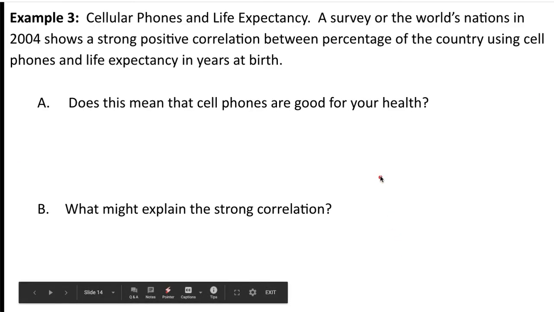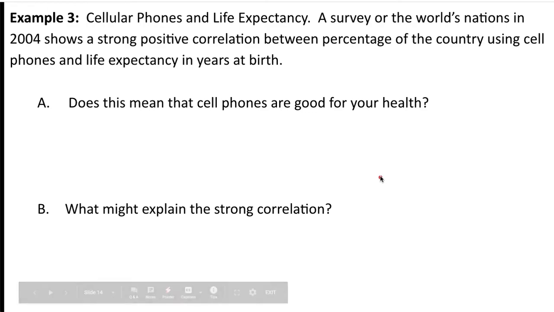So here's a sample about cellular phones and life expectancy. A survey of the world's nations in 2004 shows a strong positive correlation between the percentage of the country using cell phones and life expectancy. So if it's a strong positive, that's saying those that tend to use a cell phone also tend to live longer.